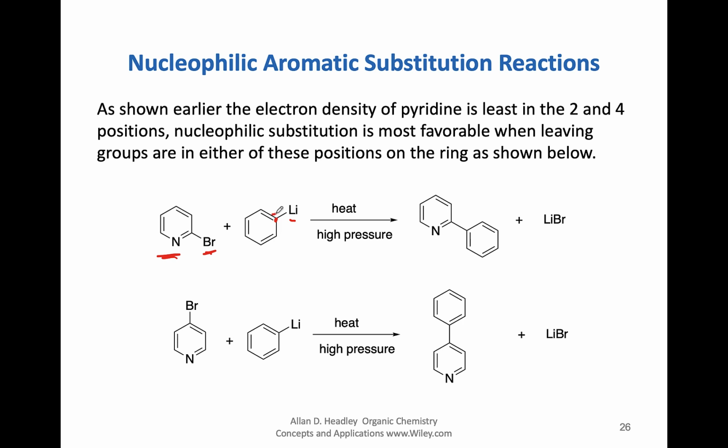So this is negative here and this is positive here. So here is our nucleophile, that entire group, and this carbon here is the nucleophilic carbon. So this carbon will react here and this will leave, so this is our product.